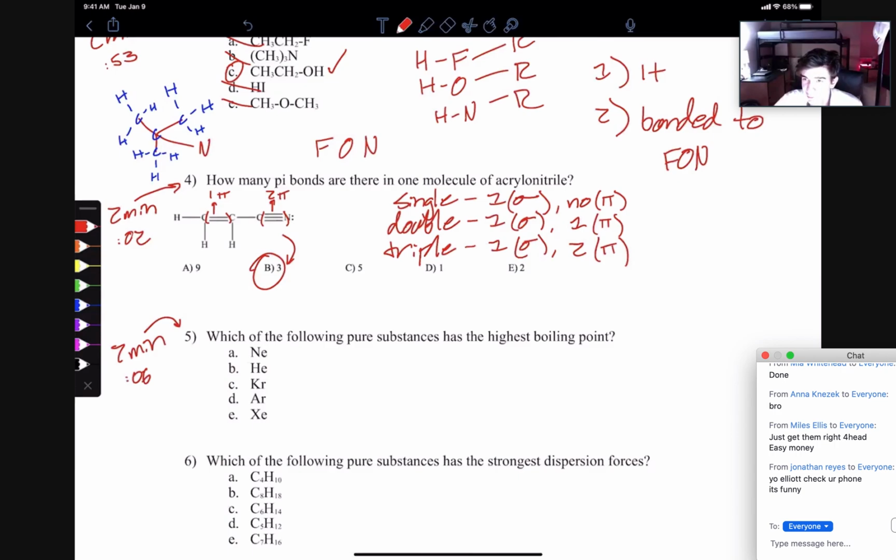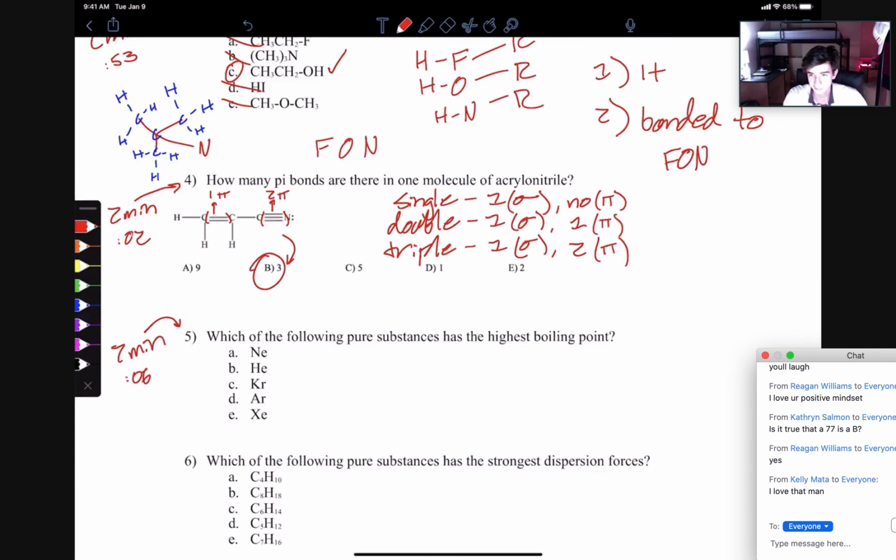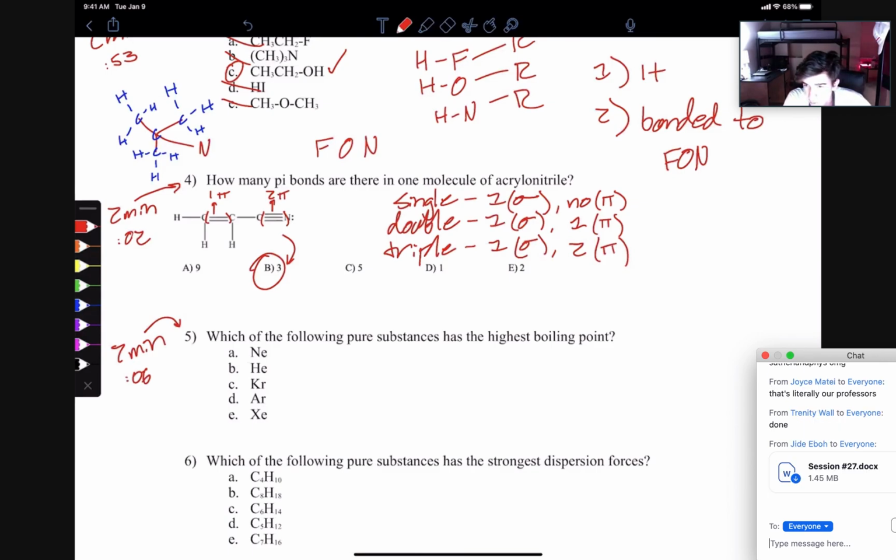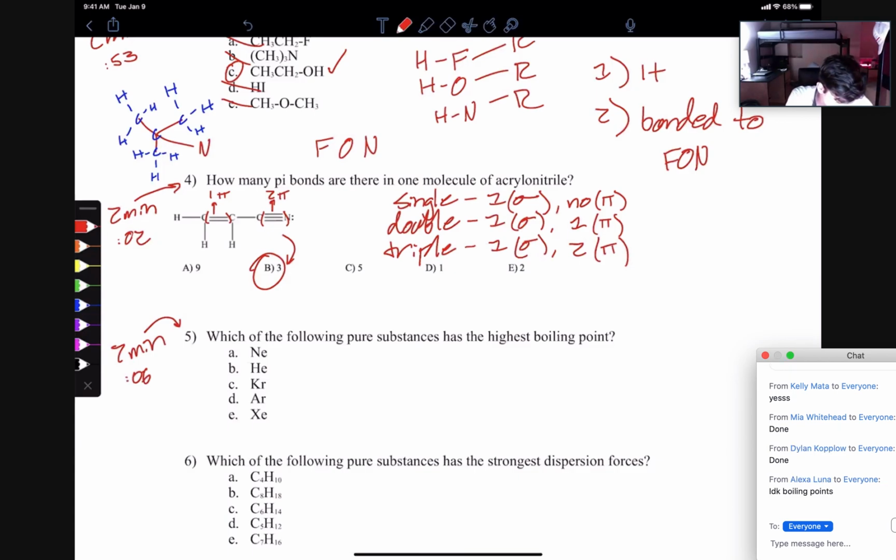I saw that, like, the TikTok physics professor, he was like, my students always complain about getting low scores. Just get them correct, LOL. Oh my gosh.